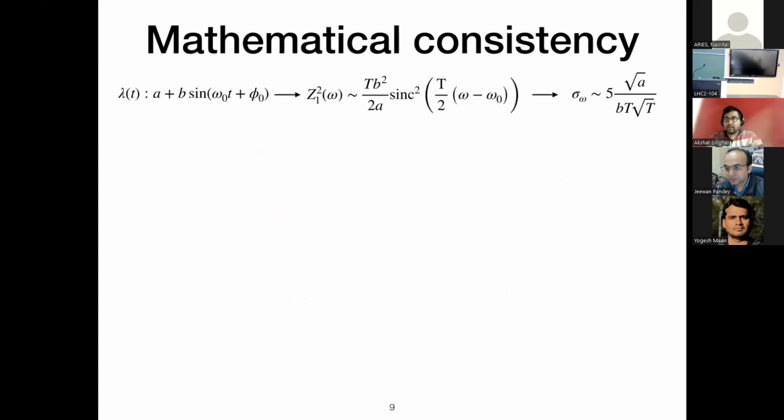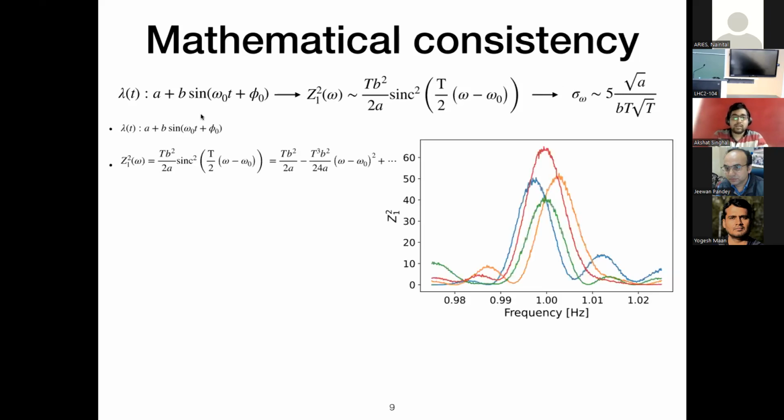So just to recap, we started with a sinusoid. We derived how the Z square plot should look, and empirically we came up with this quantity. We tried to investigate mathematically. If we see the Z square term, we can Taylor expand it and investigate the second derivative.